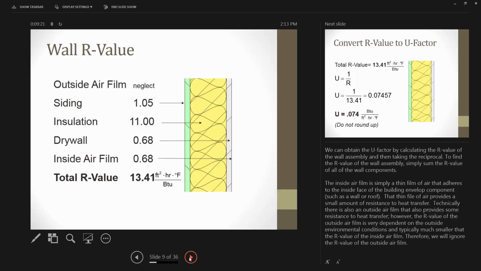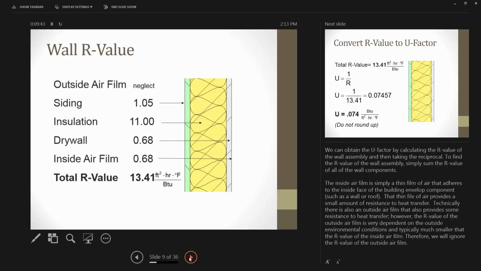The next part in doing any of the conductive calculations is getting the wall R value, and again, for right now, we'll keep this fairly simple. You basically take the R value of all the material in that wall and you add them together.